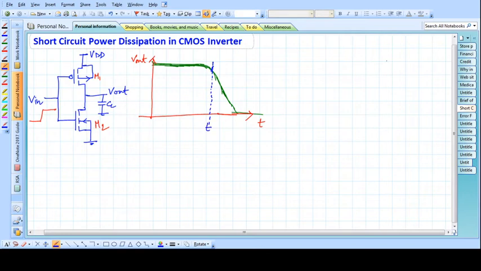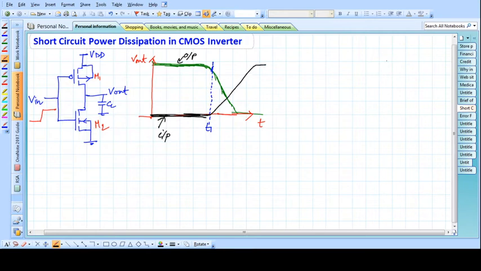Let's say this time is t1. Here when the input is 0, output will be high. So this is our input, so output will be high.